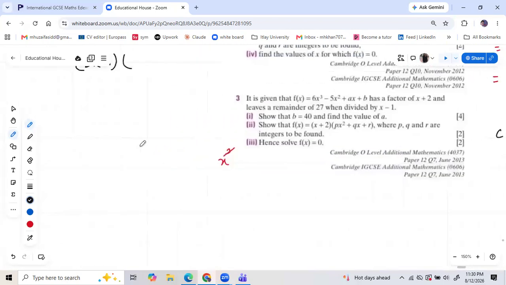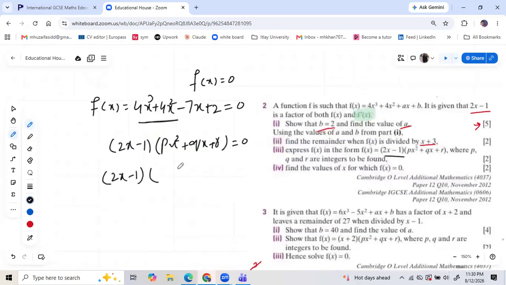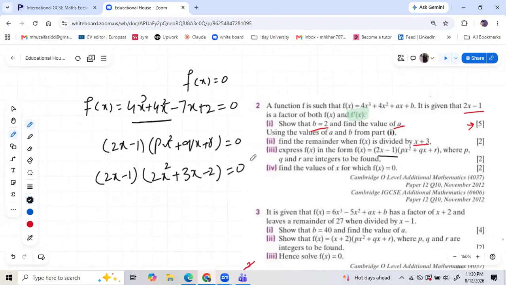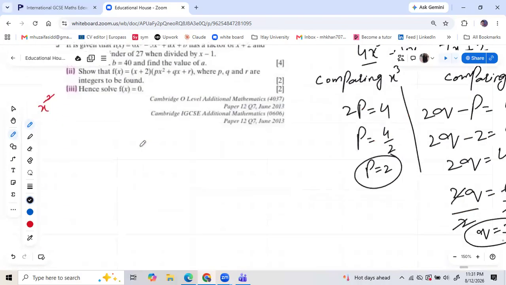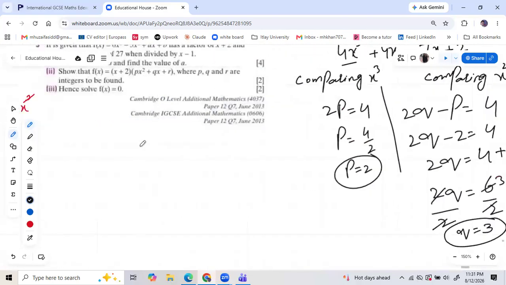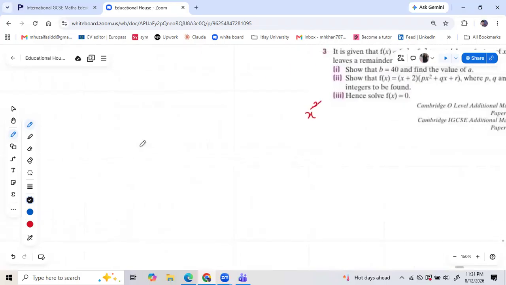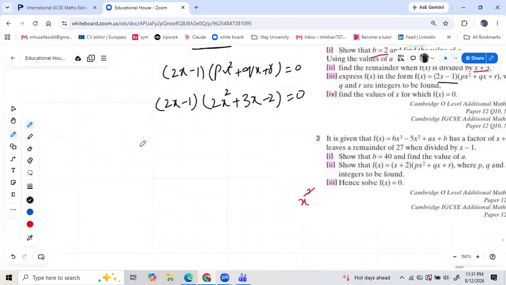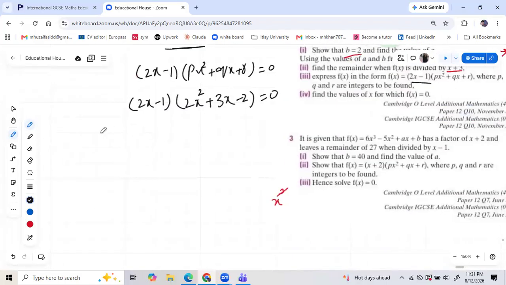So we put 2x squared plus 3x minus 2. Let me check again for double verification: 2, 3, and minus 2.